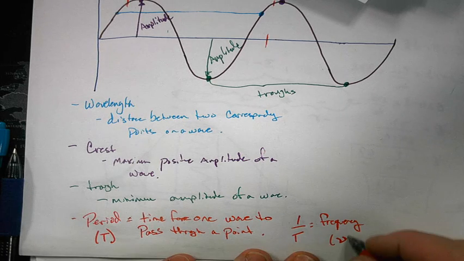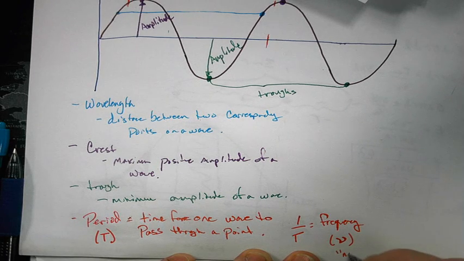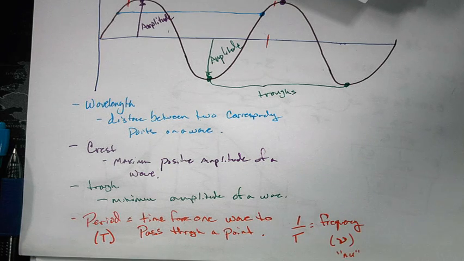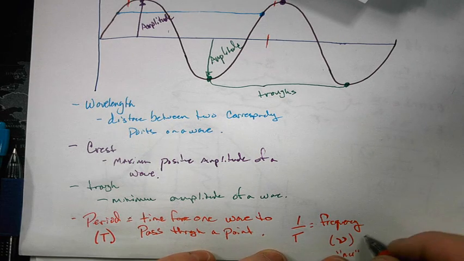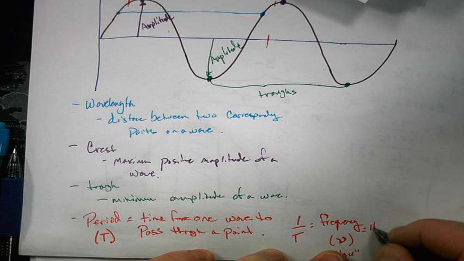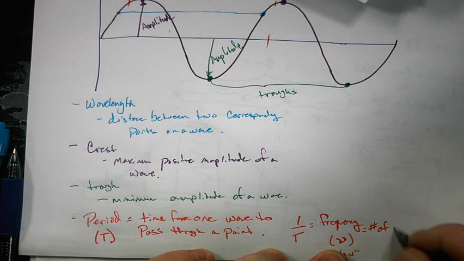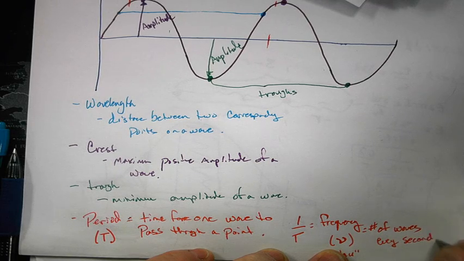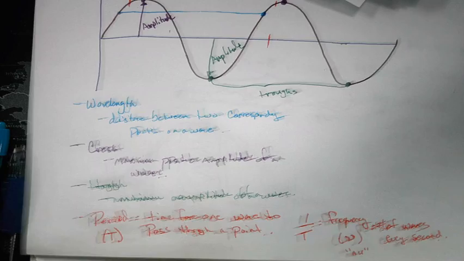It's the Greek letter nu. And instead of being the amount of time it takes for one wave to pass through a point, frequency is how many waves pass by every second, or whatever unit of time you want to use.